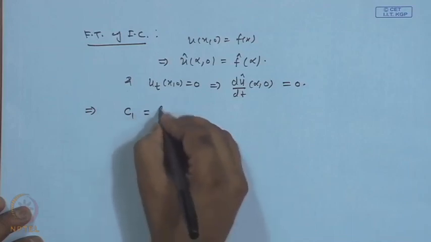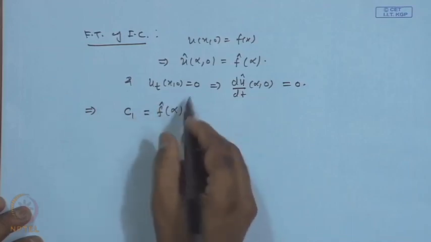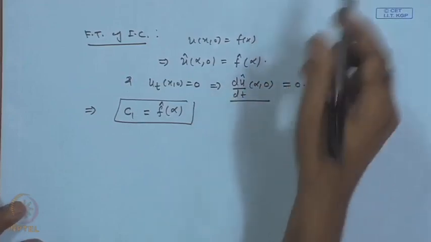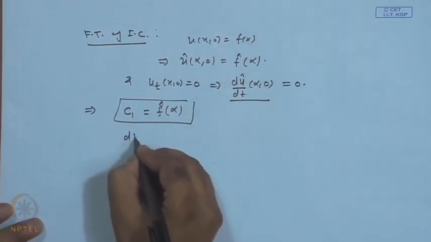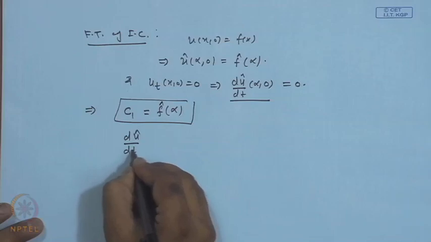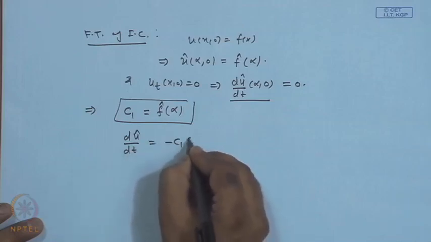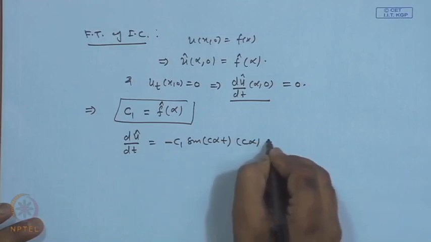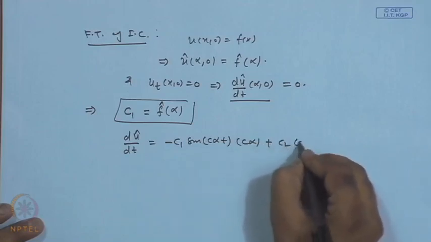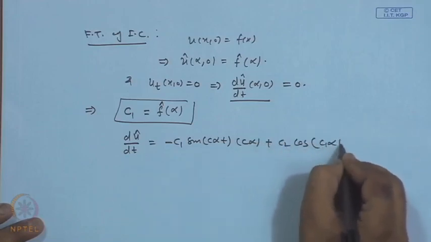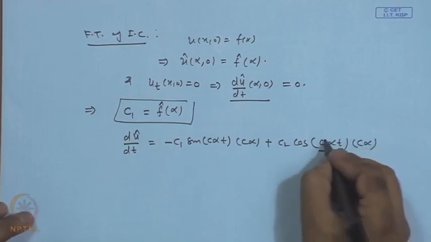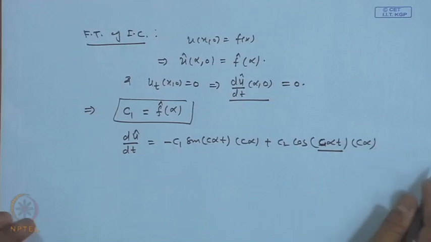We get C1 is f hat (alpha), and from the second condition we need to get the derivative first. So, du hat over dt is minus C1 sin(c alpha t) times c alpha plus C2, and for sine we have cosine now, cos(c alpha t), and again the derivative gives c alpha.